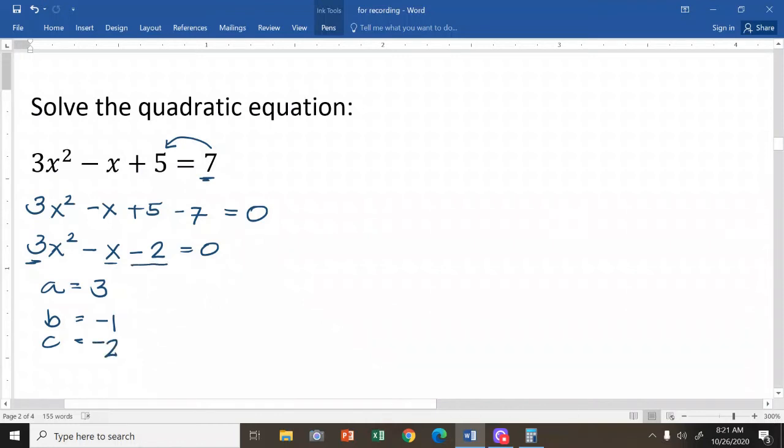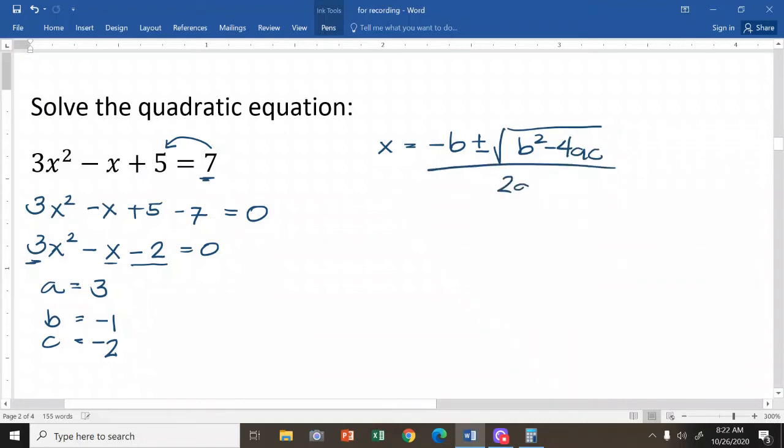Okay, so kung gagamitin natin yung ating quadratic formula, so x is equal to negative b plus minus square root of b squared minus 4ac over 2a. Okay, so i-substitute lang natin siya.